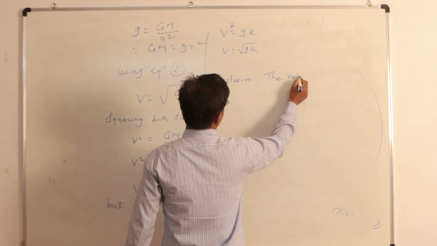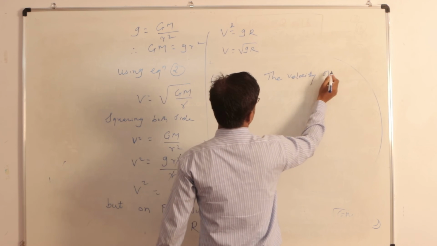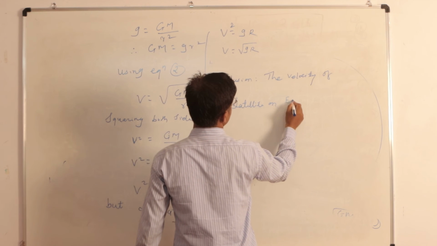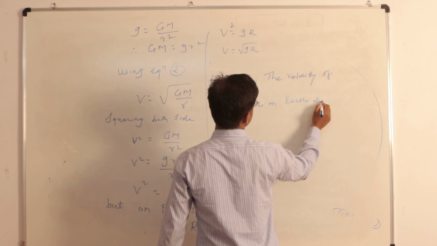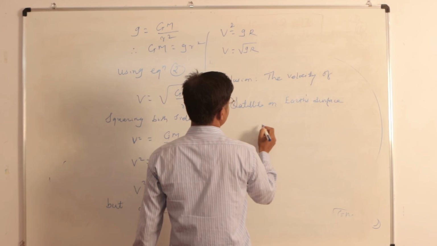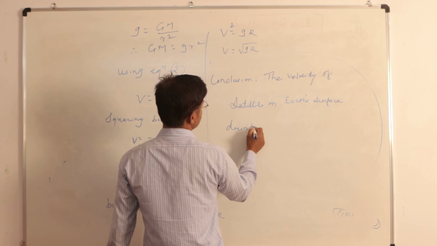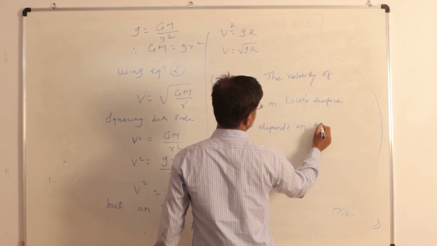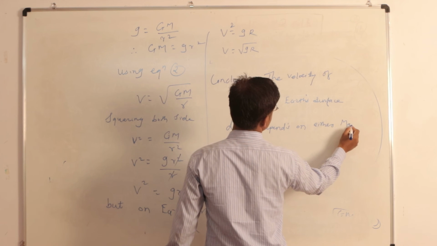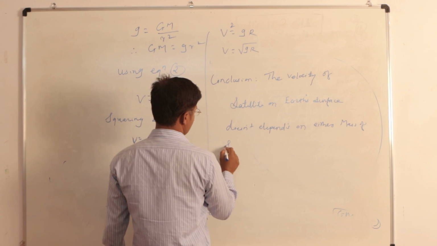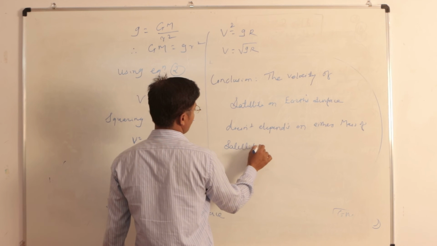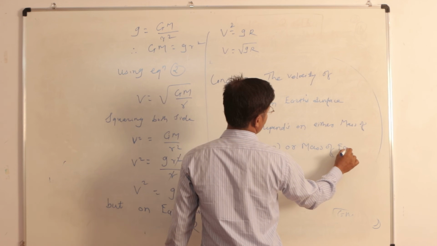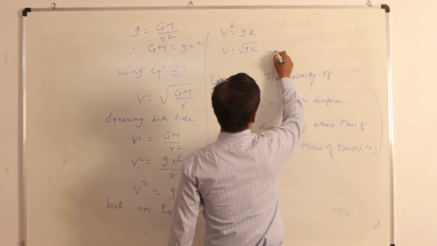The velocity of satellite on Earth's surface doesn't depend on either mass of satellite small m or mass of earth capital M. याला आपण इक्वेशन 3 म्हणू.